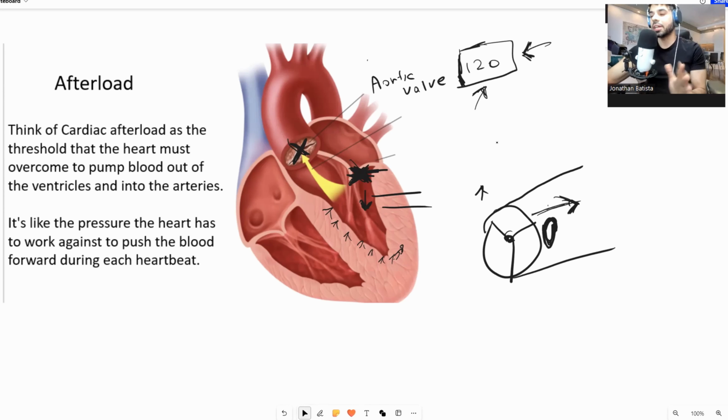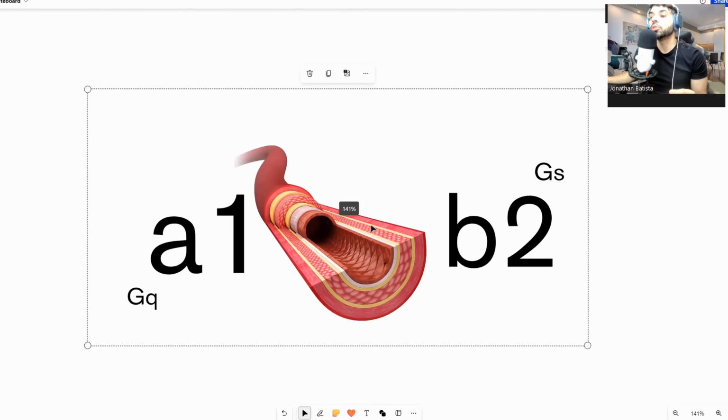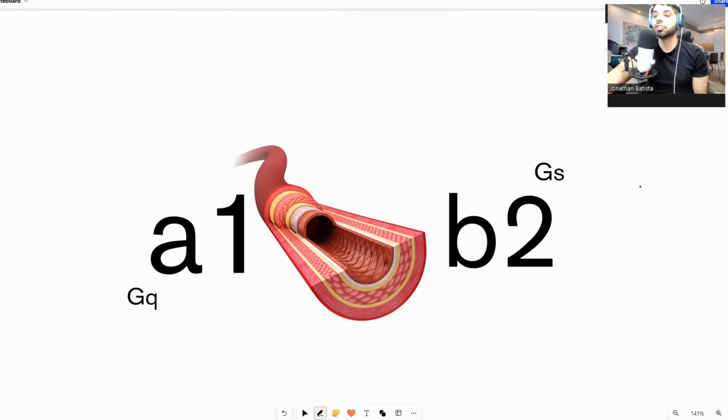So this is the nice thing right here. I can manipulate the afterload by playing around with alpha 1. Why alpha 1? Well, because like we mentioned before, alpha 1 is the main receptor here that's going to contribute to vasoconstriction, right? And alpha 1 is the Gq system, the second messenger Gq system. All I'm saying is that alpha 1 will reduce the lumen.